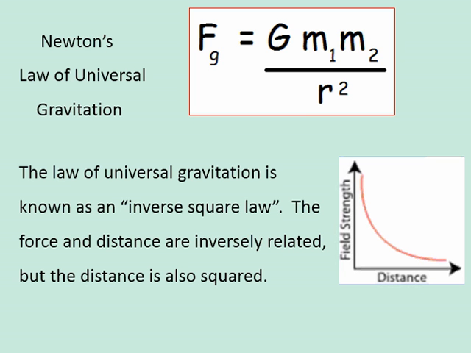So as a result, the force between objects as the objects are moved further apart decreases much more rapidly than if the square didn't exist. So it's still an inverse relationship, but it tells us, for example, when we double the distance between objects, we get 1/4 the size of the force between them.